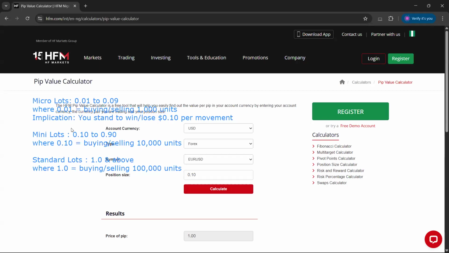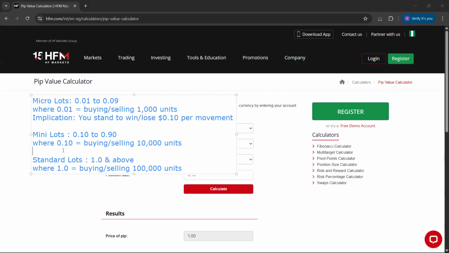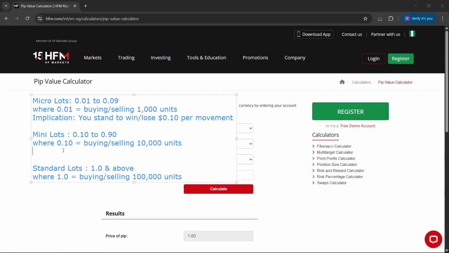Now, the implication on the mini lot is simply that you stand to win or lose one full dollar per movement.